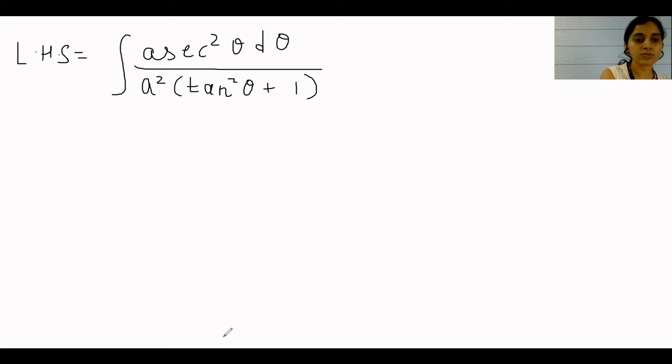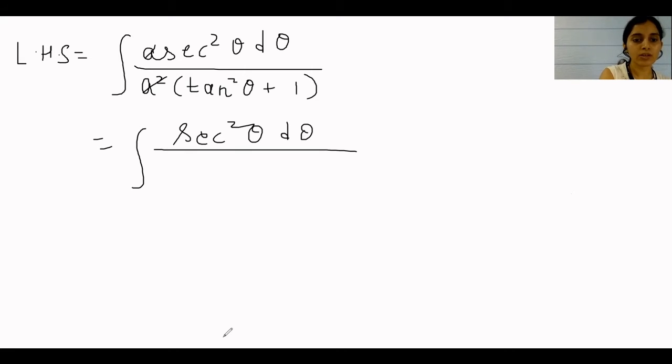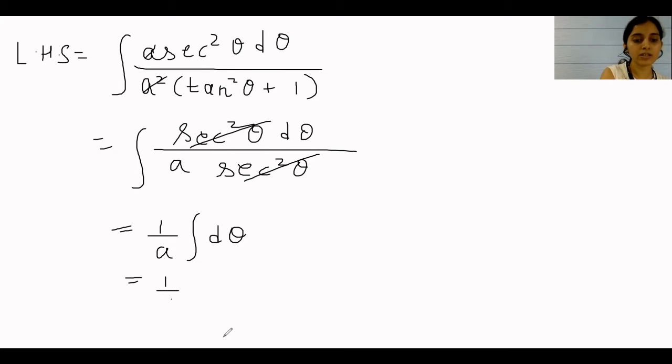Okay, so this will be the integration of, one of the a cancels, sec square theta d theta upon a sec square theta. Okay, this cancels out, so we have 1 upon a outside, integration d theta. What is the integration of d theta? It will be theta plus c.